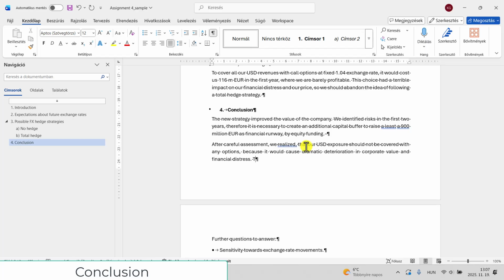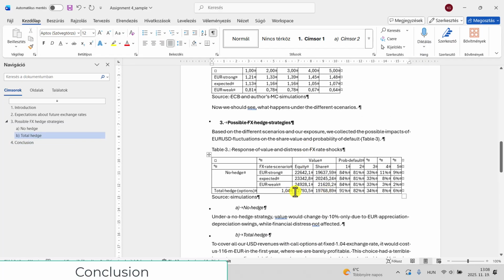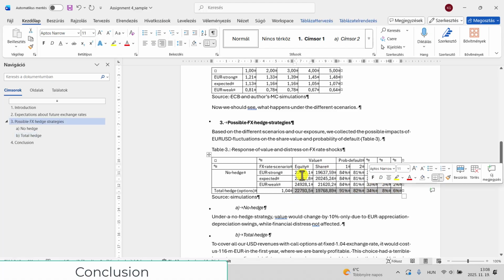Therefore, follow a no hedge strategy. Yeah, so if we would do this, then practically we would just conserve the worst possible scenario for us, because this and this are not even the same.